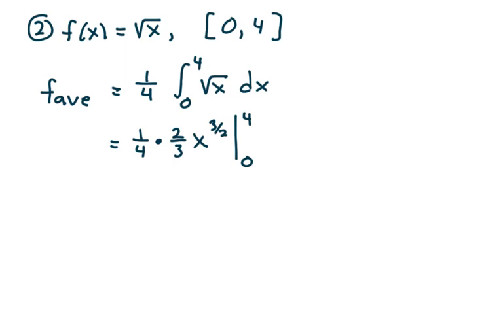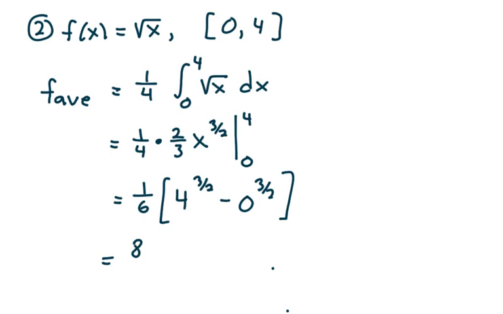But 1/4 times 2/3 is equal to 1/6 times. And I'm going to plug 4 in for x to get 4 to the 3 halves. And if I plug 0 in for x, I get 0 to the 3 halves. Square root of 4 is 2. 2 cubed is 8, right?